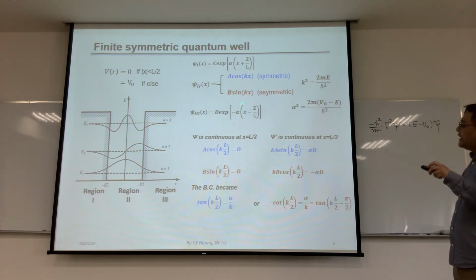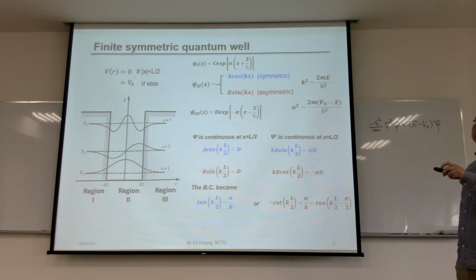For the symmetric case, A cosine KL divided by 2 should be D. For the antisymmetric case, B sine KL divided by 2 should be D. Then for the derivative, in the symmetric case, KA sine KL divided by 2 should be alpha D. Similarly, you have KB cosine KL divided by 2 will be minus alpha D.